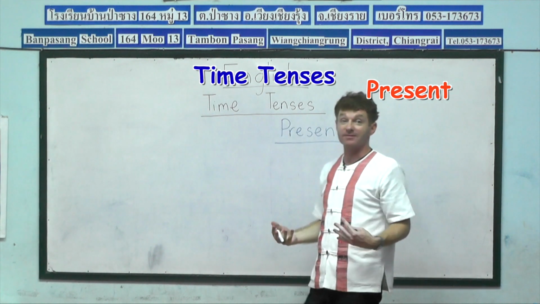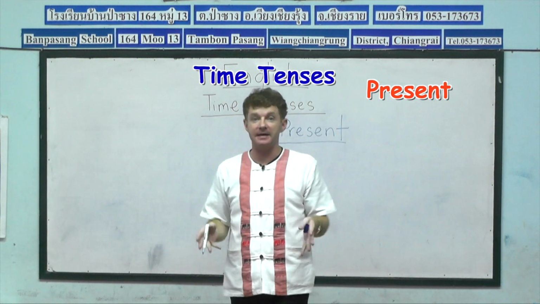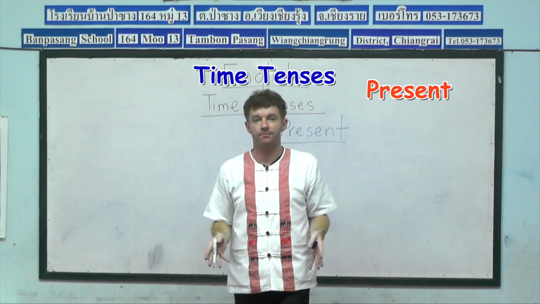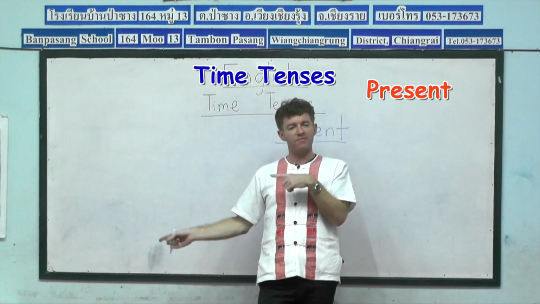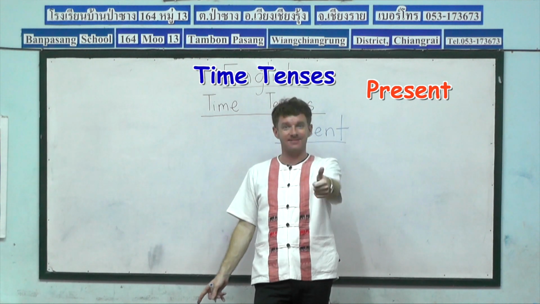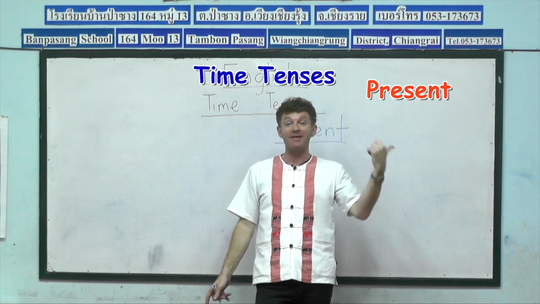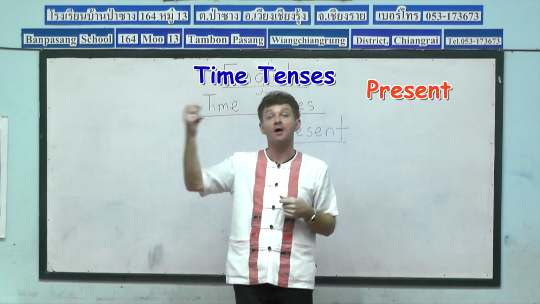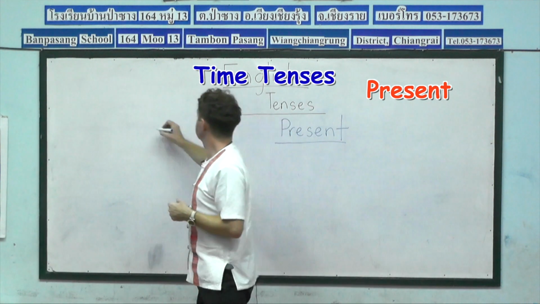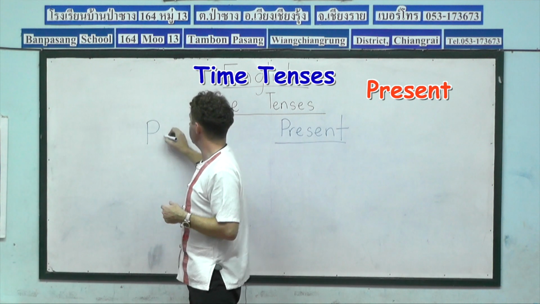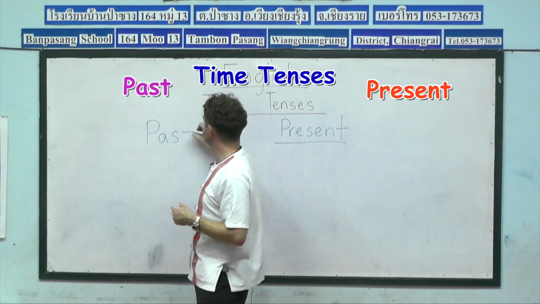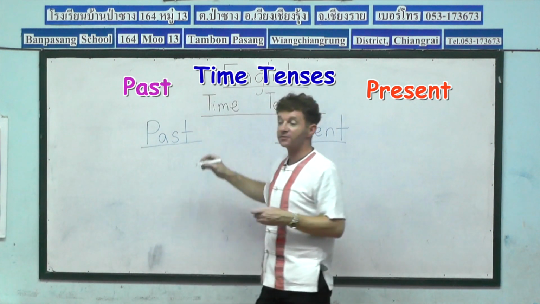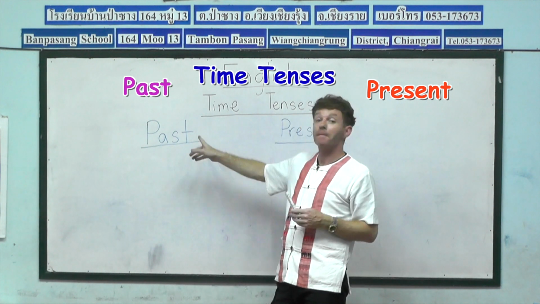We use present for things that are happening now or are current. But what about things that have gone before? Past. Excellent. We don't say the present, we say the past. P-A-S-T.